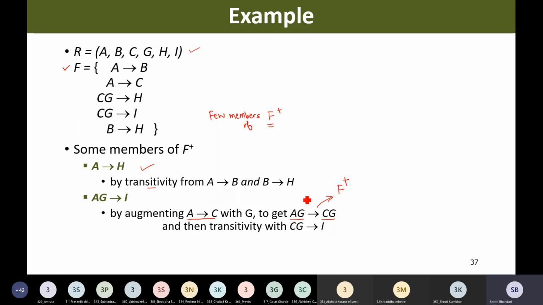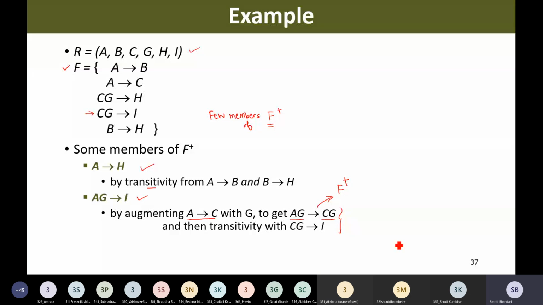Now, as we have this AG to CG and this functional dependency CG to I is given, if we make use of these two, AG to CG and CG to I, by making use of transitivity, we may come up with AG to I. So this can be added in our F plus. Are you getting me?